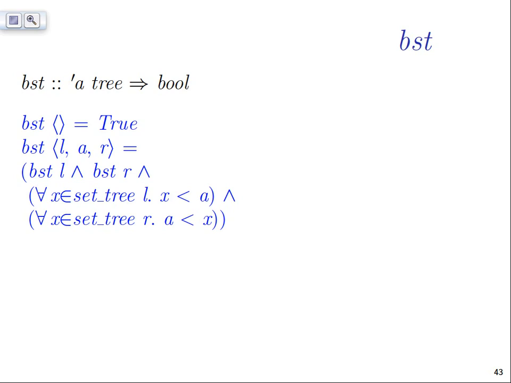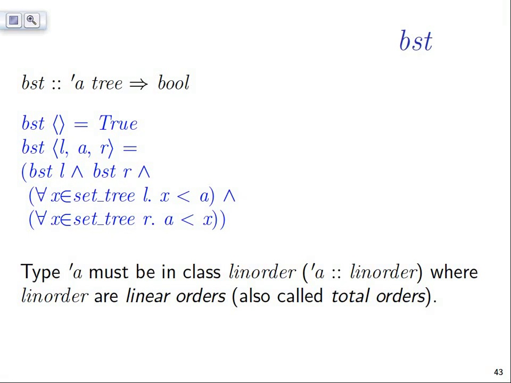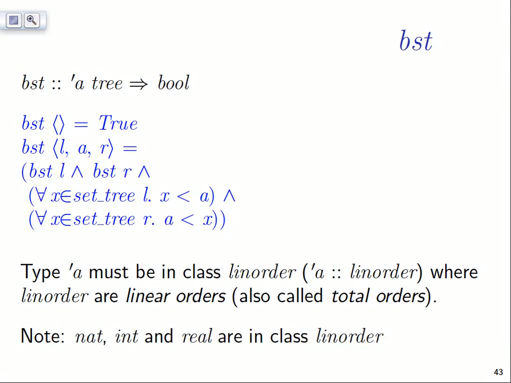That's the recursive definition of binary search tree. We again assume that our type of elements in the tree is a linear order. Natural numbers, integers, and reals are linear orders, so they fit into that framework.